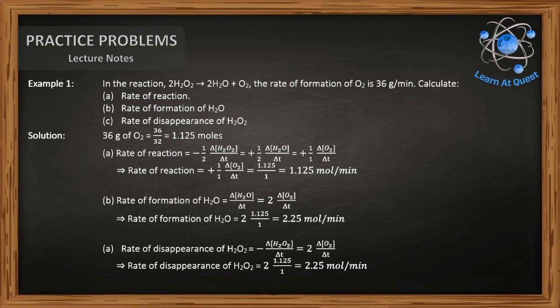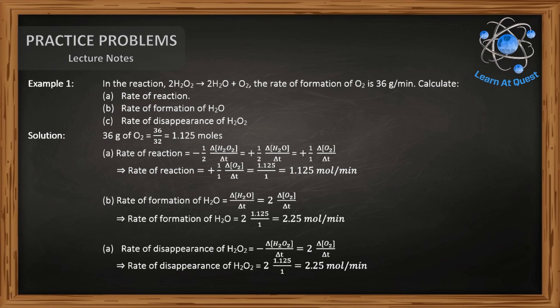In the C subpart, the question is find the rate of disappearance of hydrogen peroxide H2O2. Again, using the expression for rate of reaction which we have obtained in subpart A based on stoichiometry, we can express the rate of disappearance of hydrogen peroxide, which is minus delta H2O2 by delta T, as 2 times delta O2 by delta T. We know the rate of formation of oxygen is 1.125 moles per minute.